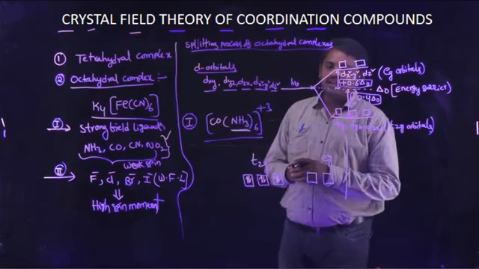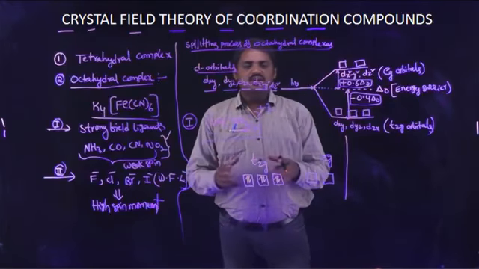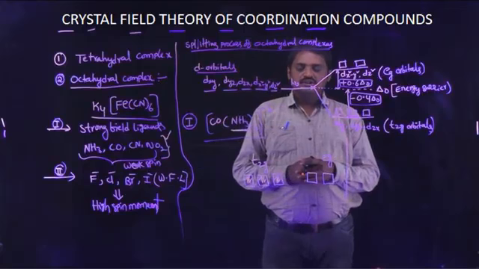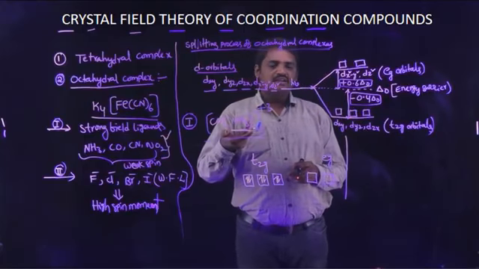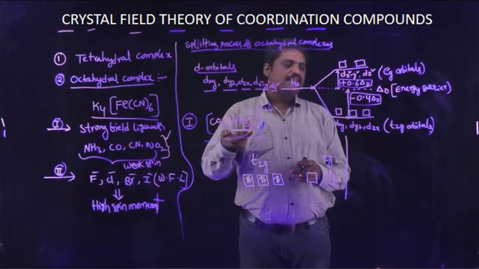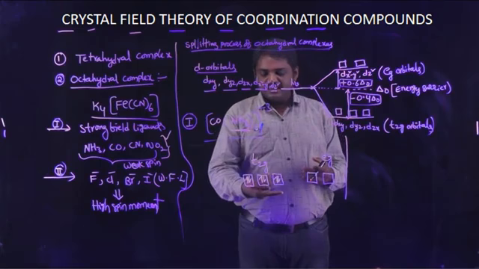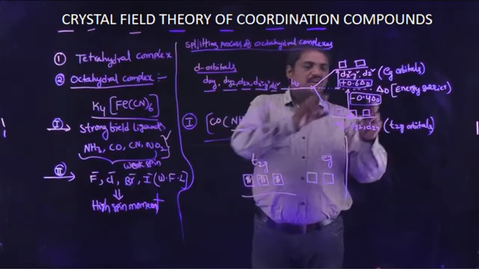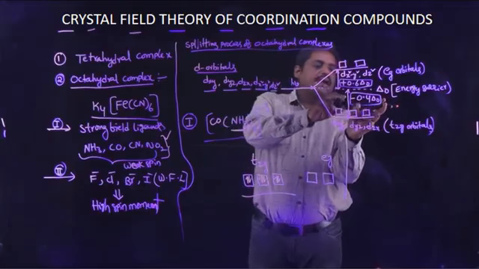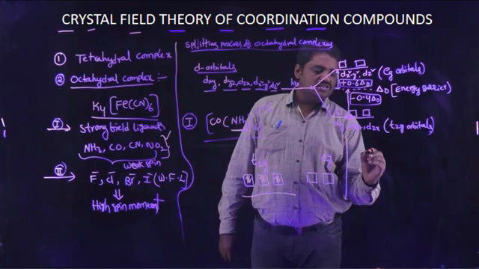This is a strong field ligand, which means a low spin complex. Only the 6 electrons are paired in these degenerate orbitals. The energy of these degenerate orbitals is minus 0.4 delta naught, and 6 electrons are there.